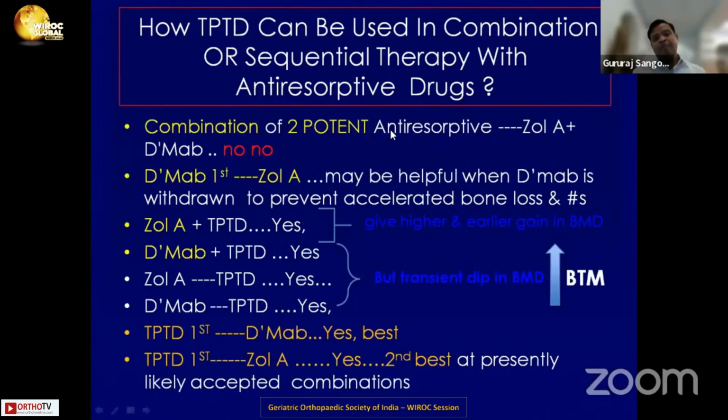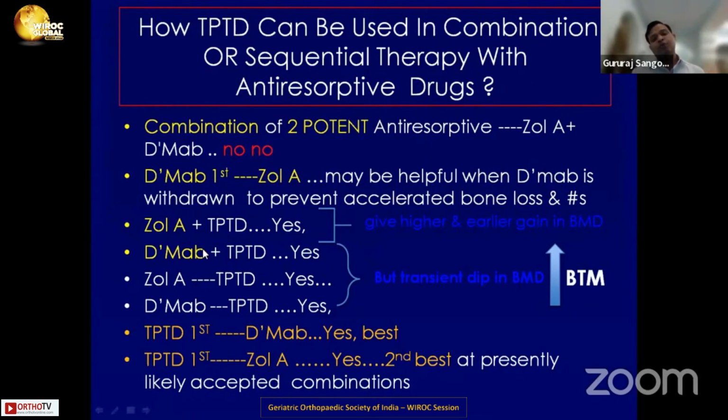So this slide is very important. Never ever combine two potent anti-resorptives like zoledronic acid and denosumab. It is strictly no-no. You can use zoledronic acid followed by denosumab. That is actually helpful to prevent withdrawal effects of denosumab. And zoledronic acid plus teriparatide together gives higher BMDs, and it makes your bone stronger early. So you can use them as emergency drugs in combination.